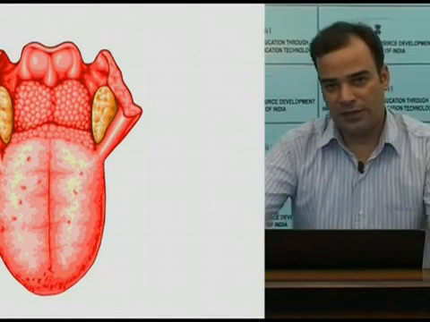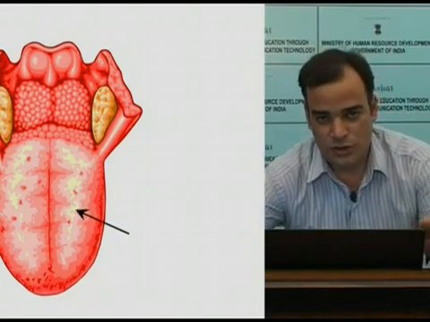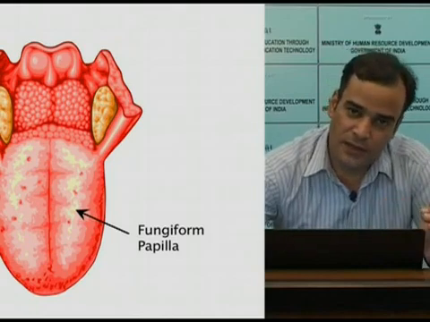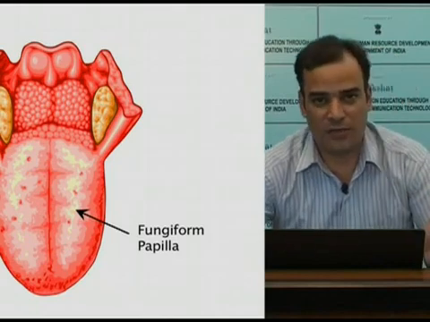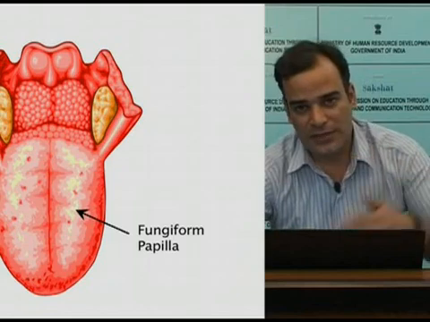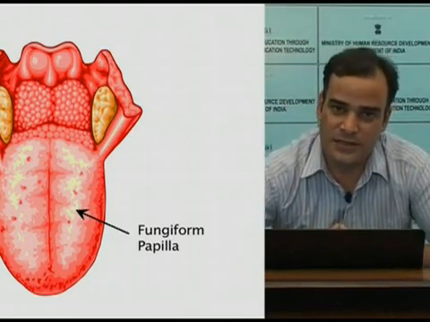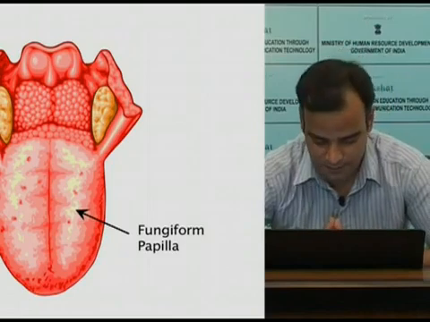Another type of papilla, which is the smallest of the papilla and most numerous, is the filiform papilla. They cover the whole of the central area of the tongue, and it's because of these filiform papilla that our tongue has a characteristic velvety appearance.